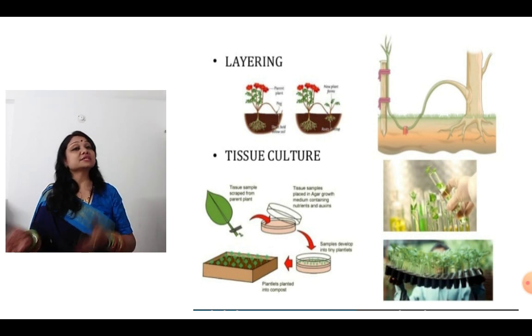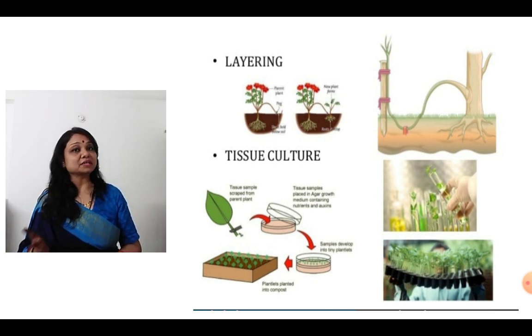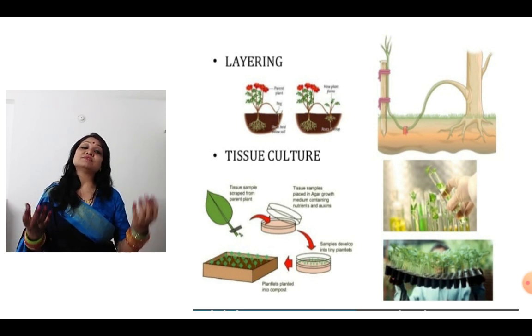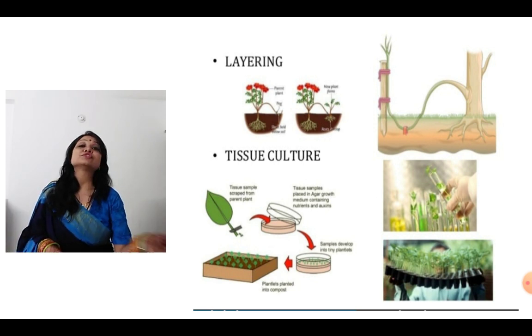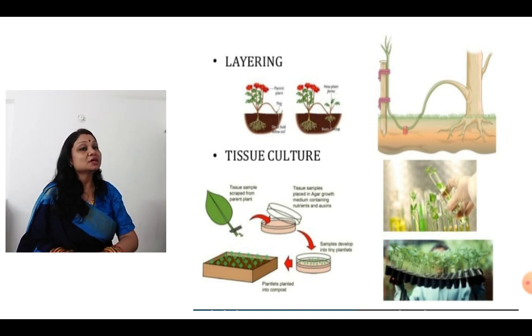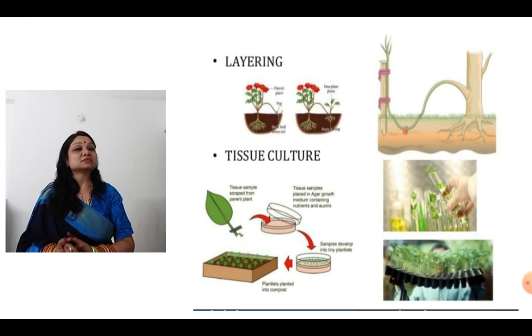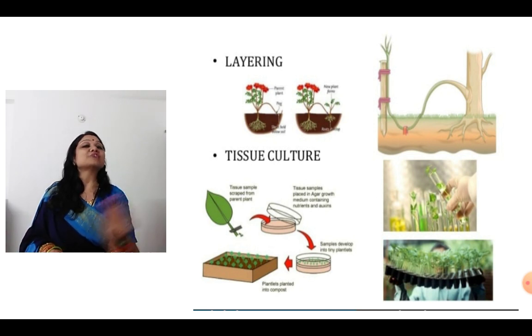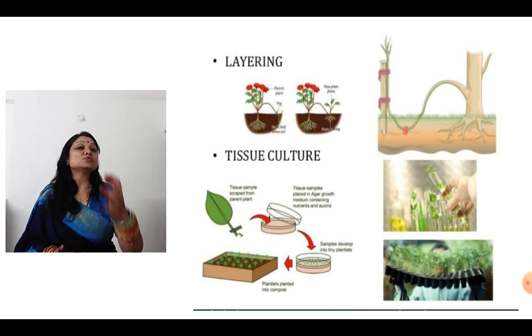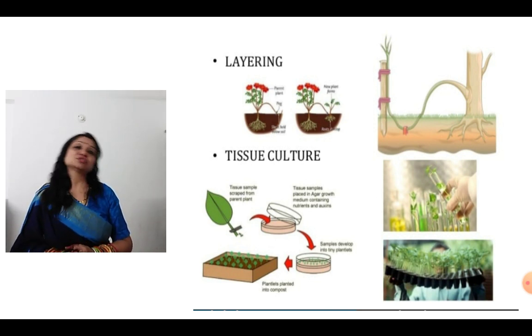But in these artificial methods like cutting, layering and grafting, we directly get the plant. We don't have to wait for germination of the seed or for the sapling stage. So directly we get a new, young plant, and we get flowers and fruit in lesser time. That is the main advantage of these artificial methods.